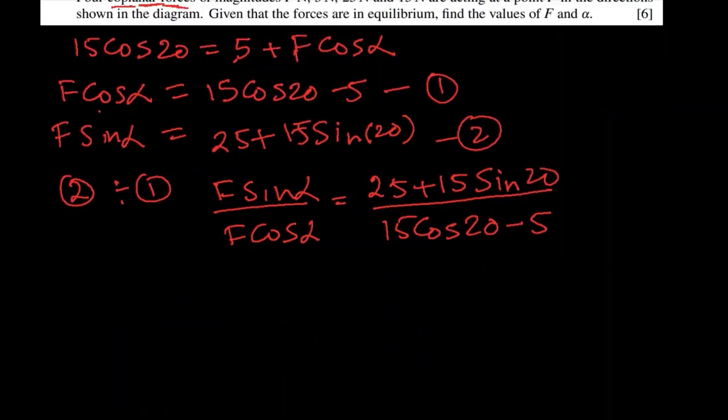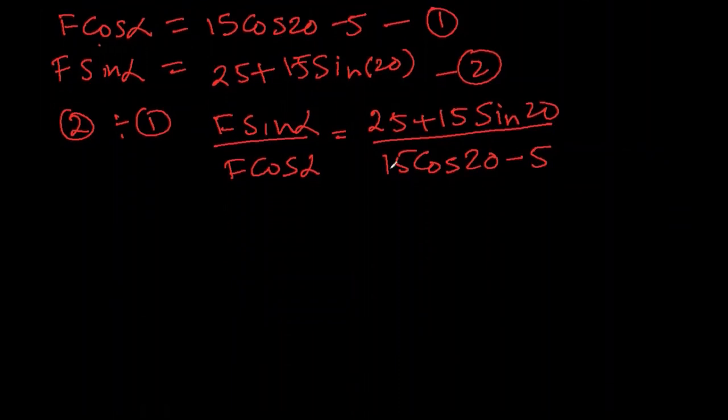That will not give me as accurate, as close an answer as possible to what they want. That's why I'm keeping it like this. Just take care that you plug them in well in your calculator. Everything will be okay. Now, the purpose of dividing was to get rid of F. We can cancel F now. And sine theta over cos theta we know is tan theta.